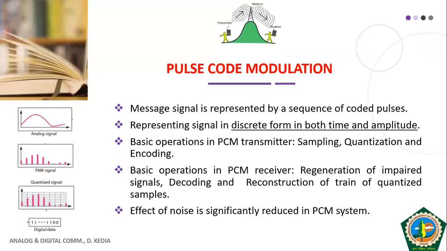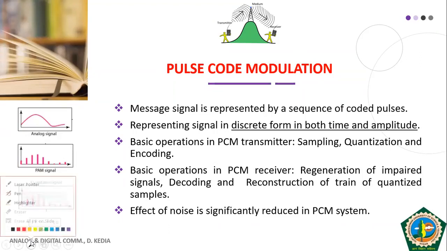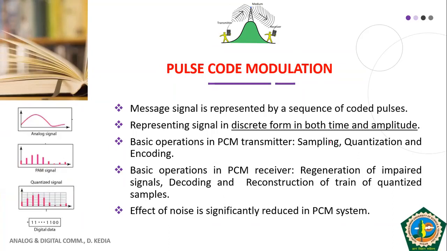We have seen that in PAM, PWM, and PPM. Now in pulse code modulation, our message signal is also transmitted with the help of pulses, but that sequence of pulses is coded pulses, meaning the pulses will be coded with some code. These things will be clear as we move forward.